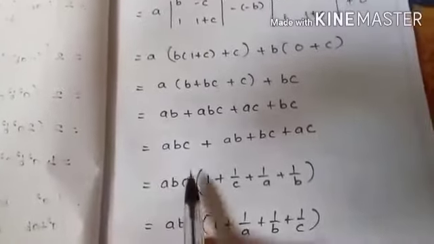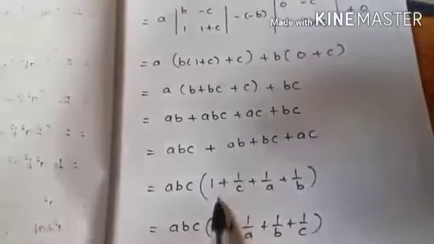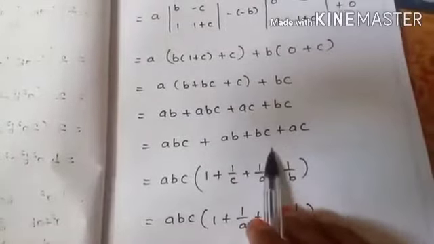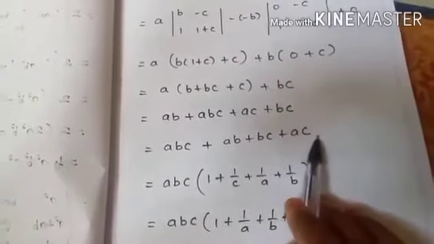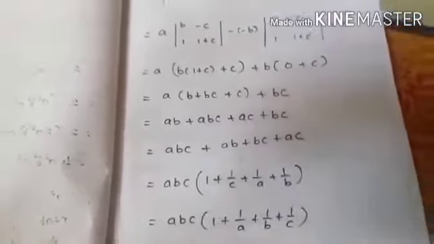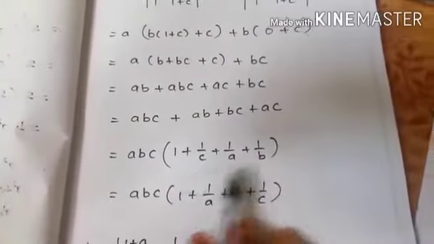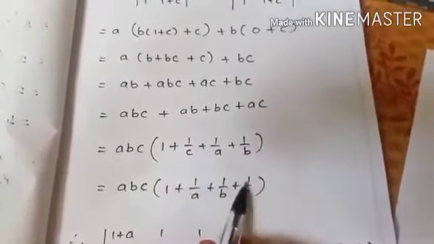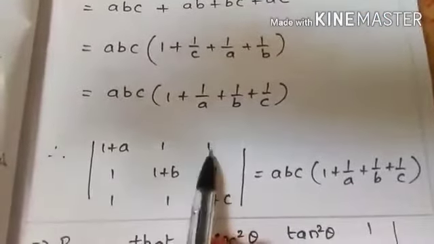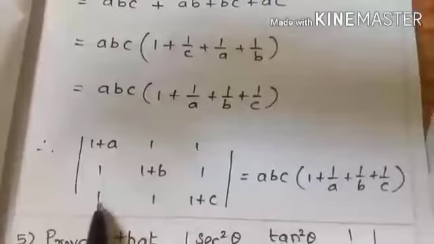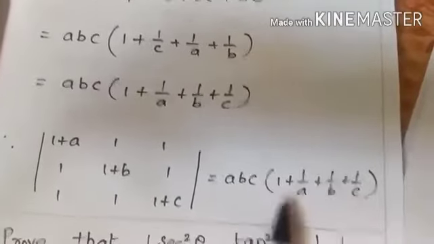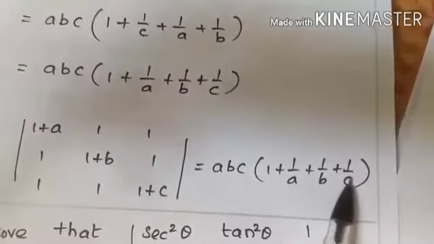So ABC into, the whole term divided by ABC means 1 plus AB divided by ABC, 1 by C, plus BC divided by ABC, 1 by A, plus AC divided by ABC, 1 by B, which is equal to ABC into 1 plus 1 by A plus 1 by B plus 1 by C. So therefore the given determinant of 1 plus A, 1, 1, 1 plus B, 1, 1 plus C is equal to ABC into 1 plus 1 by A plus 1 by B plus 1 by C.